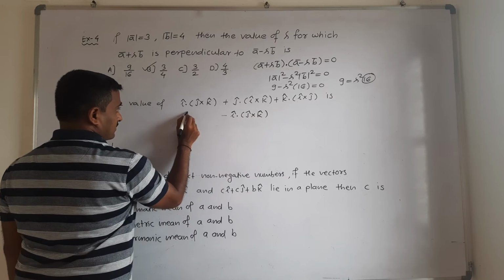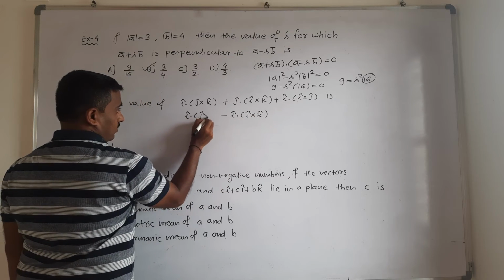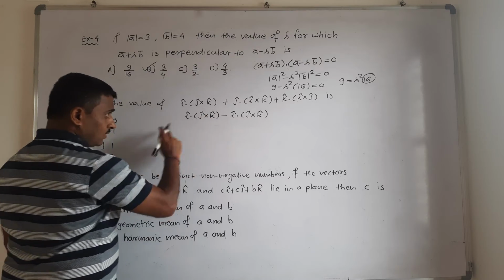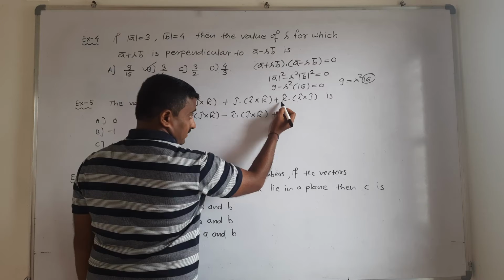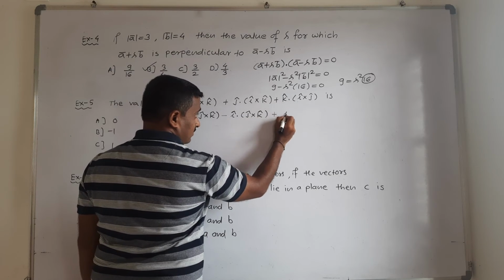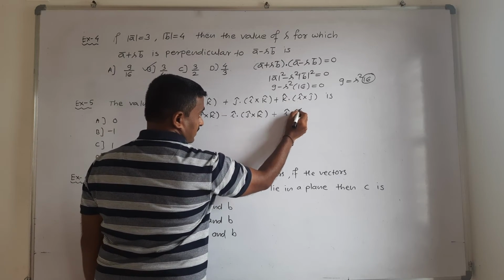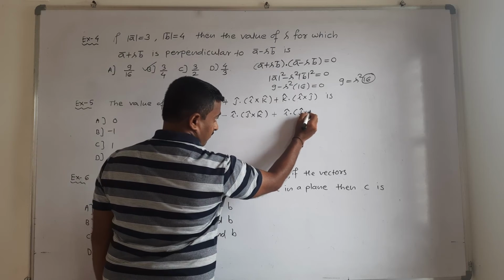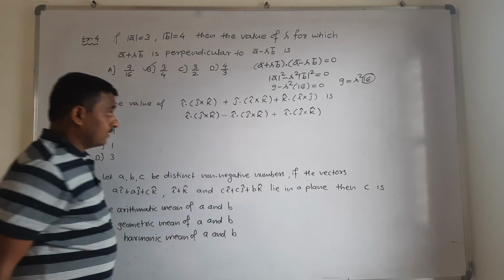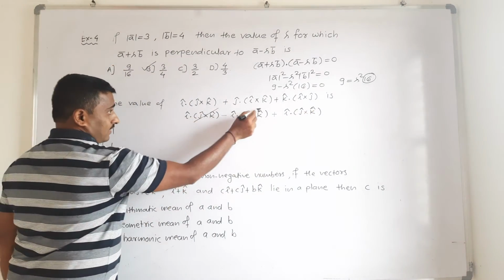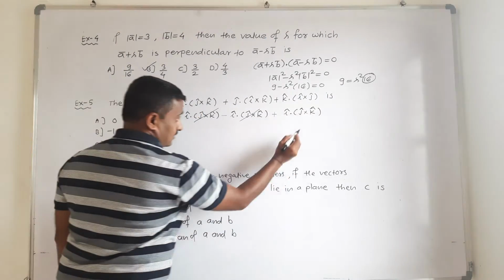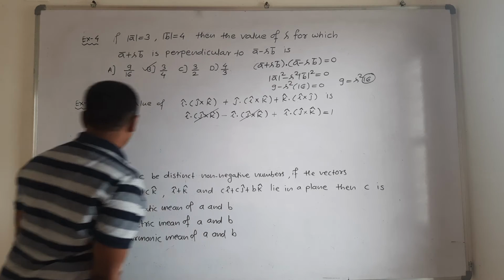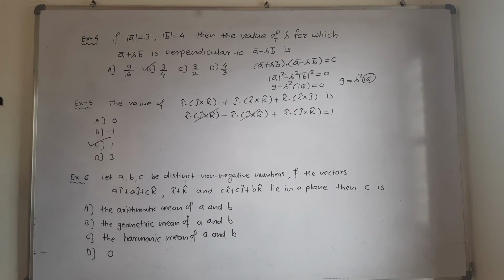The first one is as it is, i cap dot j cap cross k cap. Now this is opposite, and for the last one I again do a cyclic change, i cap first, then dot j cap second and k cap last. These two are the same, they just cancel, and this is i cap dot j cap cross k cap. It is always just 1. Its value is 1. C option.